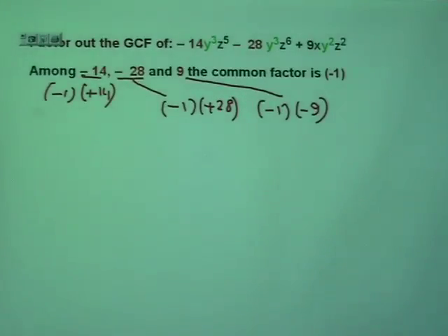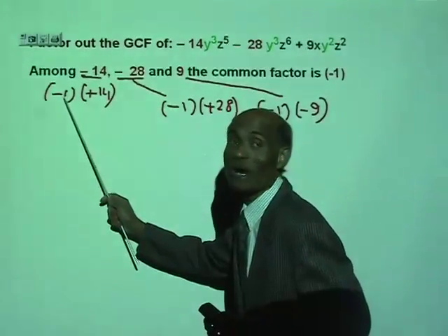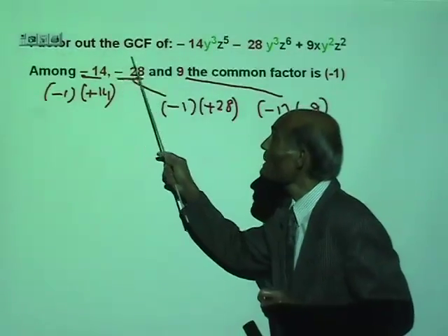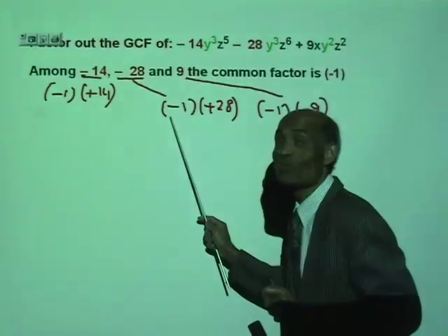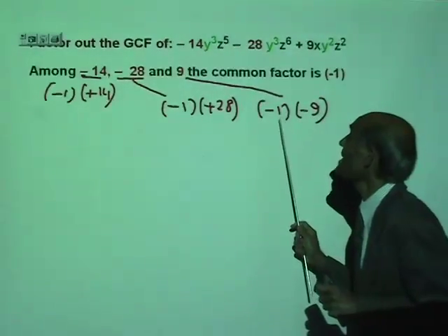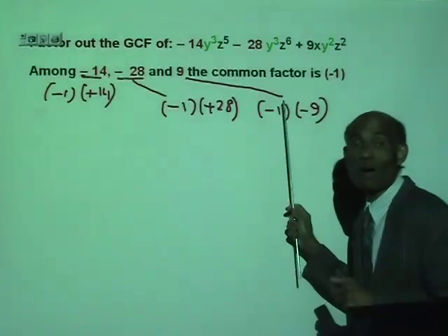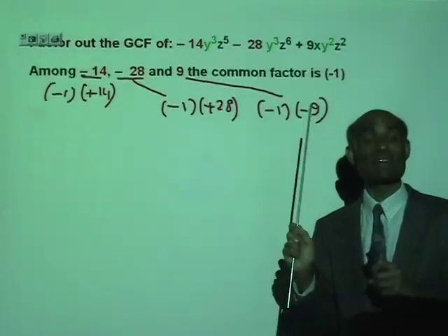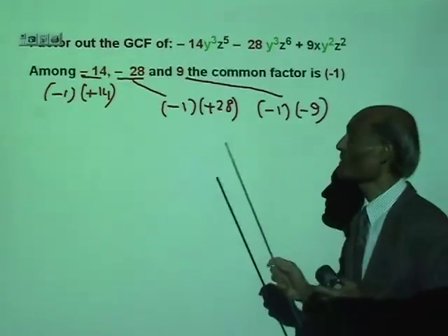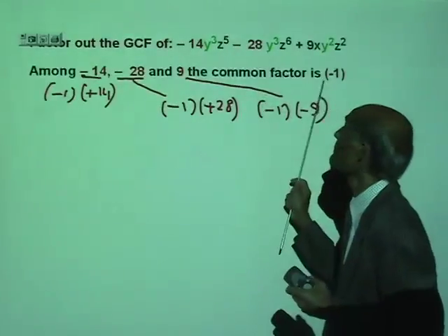Do you understand that? Negative 14 is negative 1 times positive 14. Negative 28 is negative 1 times positive 28. And positive 9 is negative 1 times negative 9. You see how convenient that way of writing becomes. Now look, we have a common factor, negative 1.